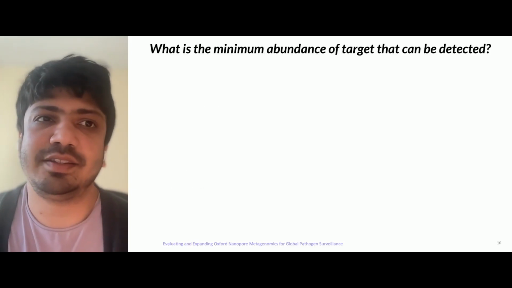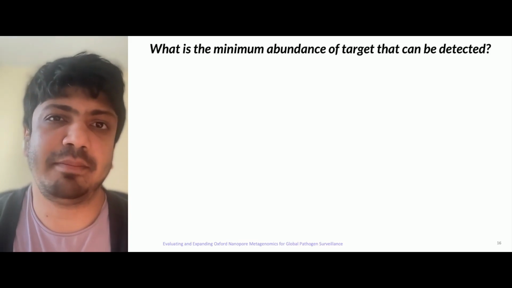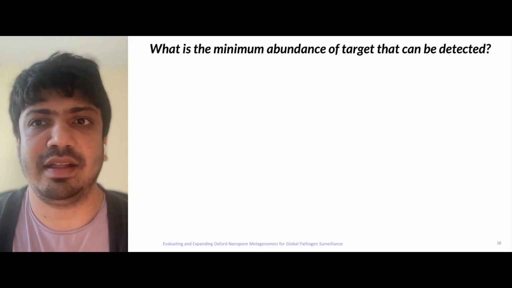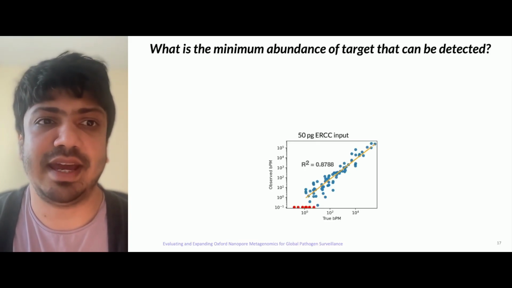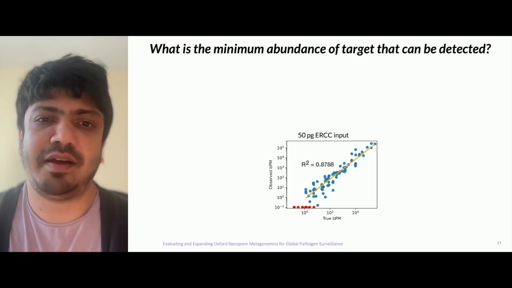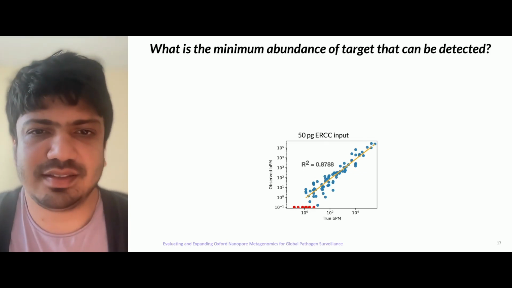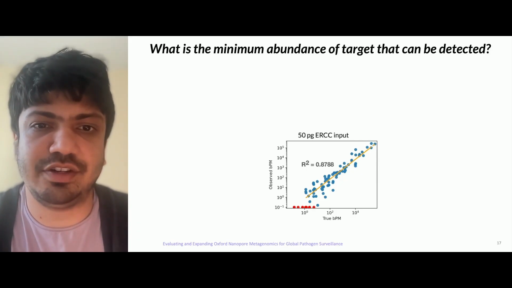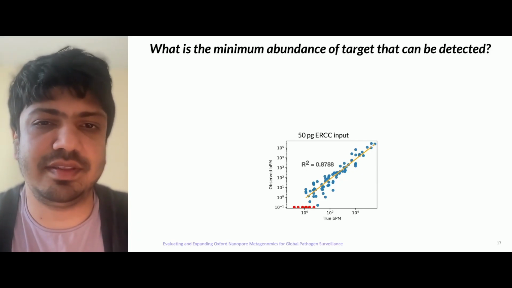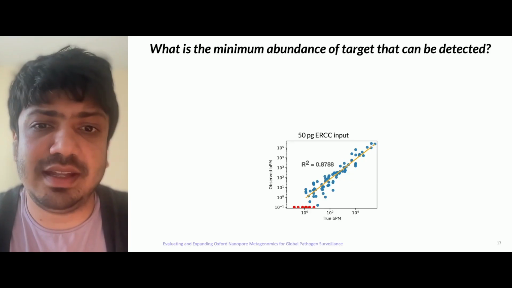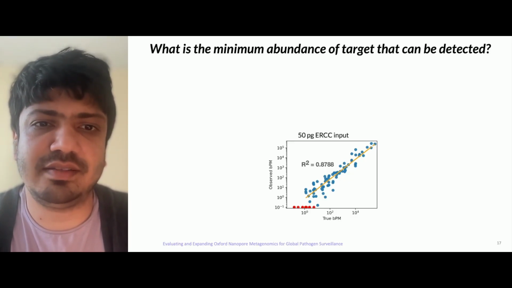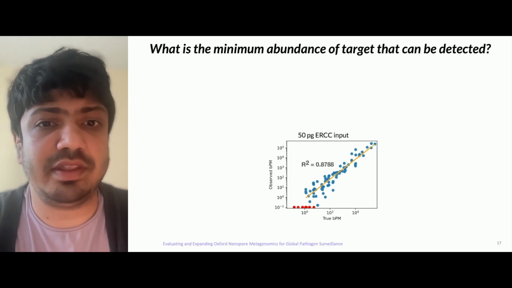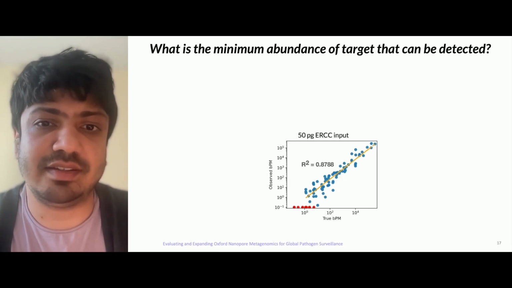So then the question is, okay, what is the minimum abundance of target that we can detect? I first want to introduce this plot. As I mentioned, ERCC is a collection of different synthetic transcripts. In this plot, each dot represents a particular transcript, and we know going in what the true abundance of each transcript is.